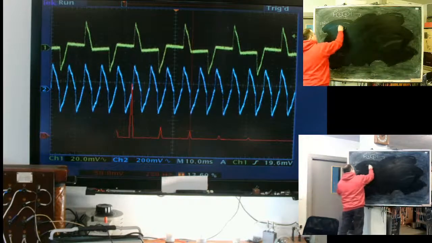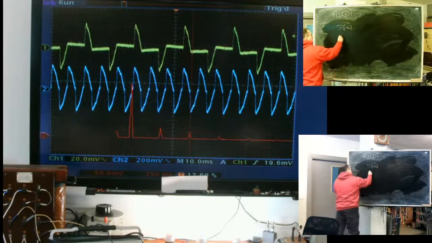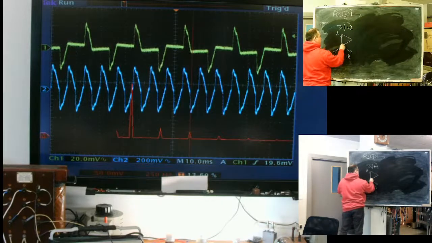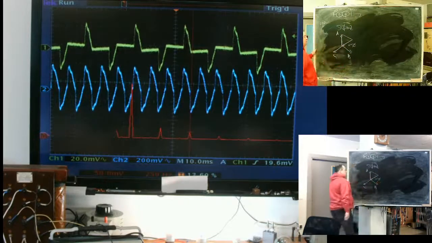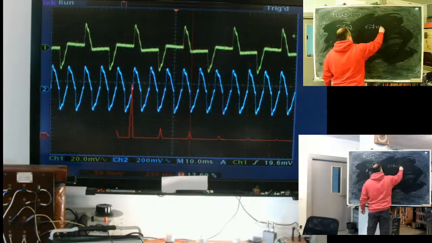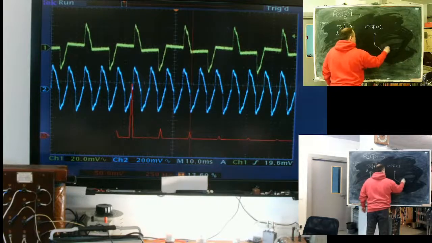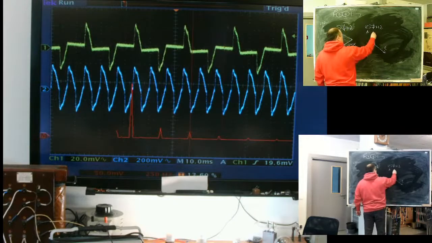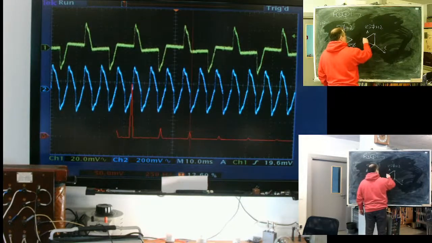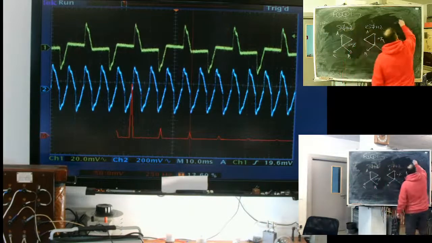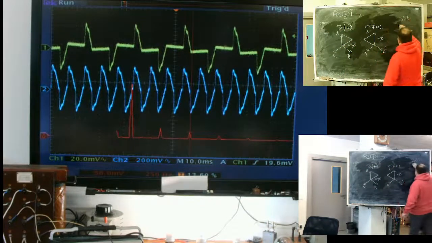At 50 Hz, the sum of A plus B plus C equals 0. For 250 Hz, I have A, C, B, and the sum is 0.